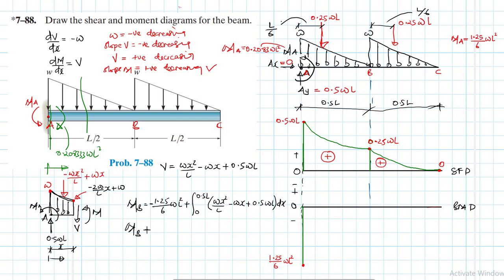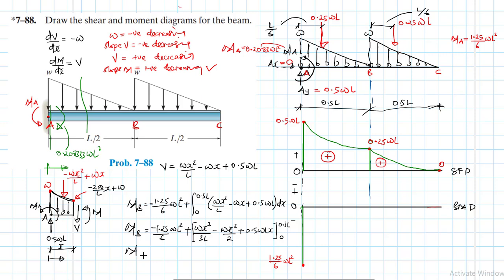Therefore, our MB is going to be equal to minus 1.25 wL squared divided by 6 plus wx to the power 3 over 3L minus wx squared divided by 2, then plus 0.5 wLx.